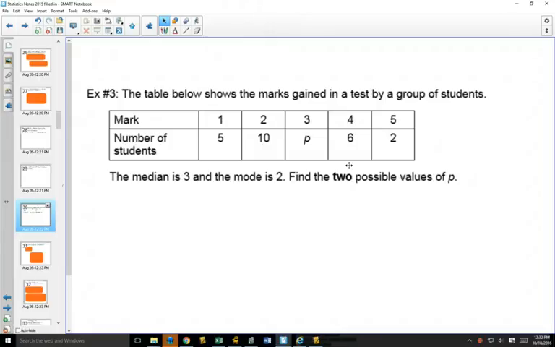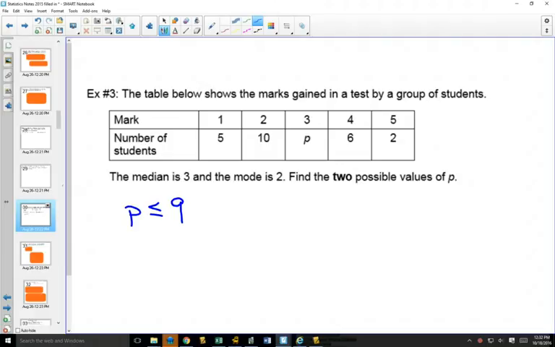Well, if the mode is 2, what does that tell us about possibilities for P? The fact that the mode is 2, P has to be less than or equal to 9.